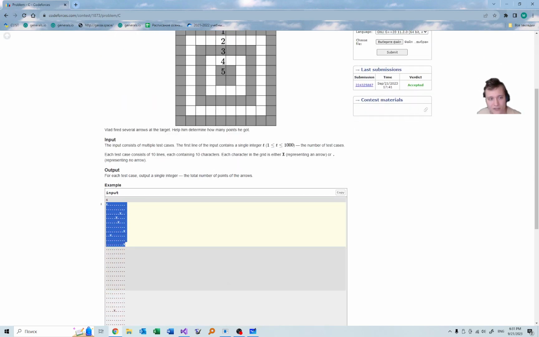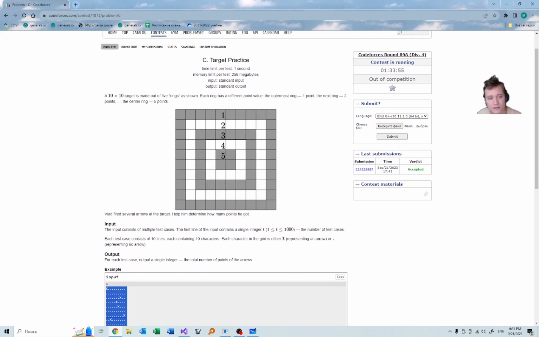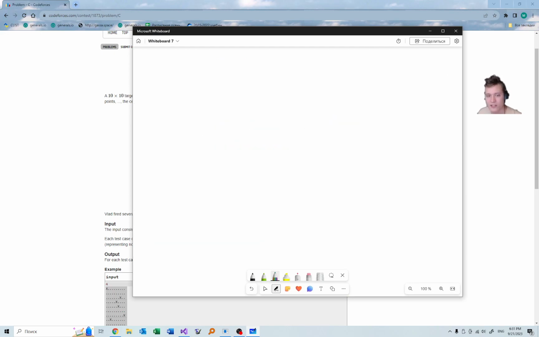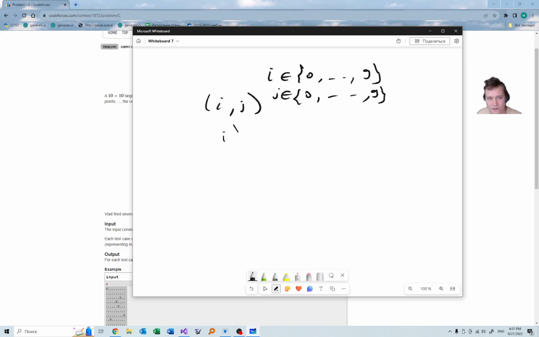So first of all, you need to read all 10 strings, and from each of them you need to iterate over all chars. So assume that we are looking at char ij, where i is from 0 to 9, and j is also from 0 to 9. So if Cij is dot, then you do not need to do anything because this sector is untouched.